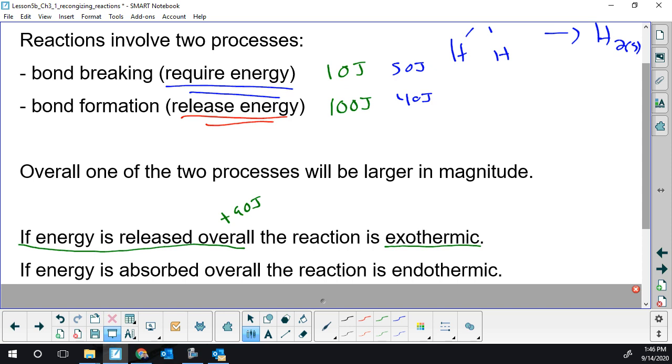So if I'm right next to that reaction and the heat is stolen from me, I'm going to feel cold because it took energy from me. And that's endothermic. If energy is absorbed, more energy was required than was released overall, we call that endothermic. So we've got that endo, in, heat in, to get the reaction to occur.